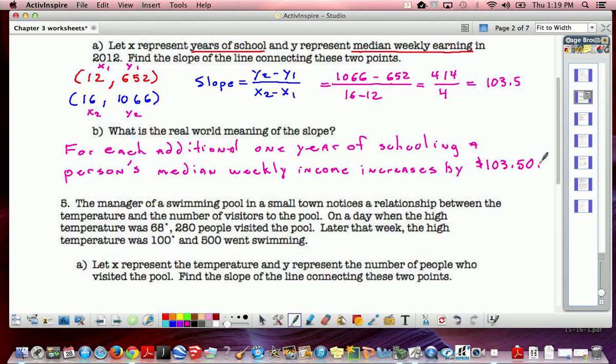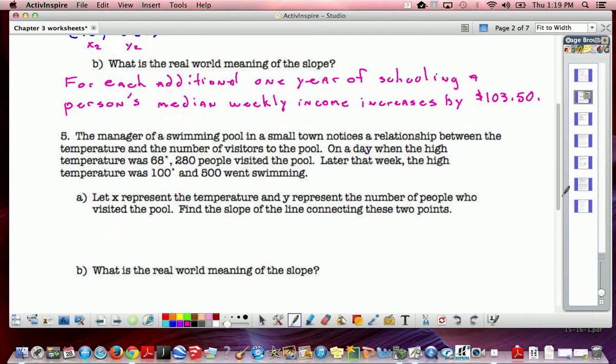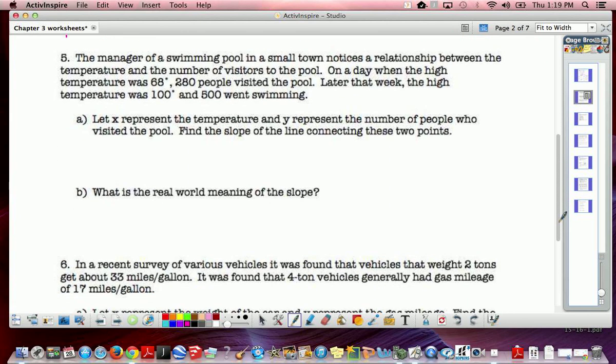So that's what the 103.5 is representing. It's how much our median weekly earnings is increasing by for each additional year of school.